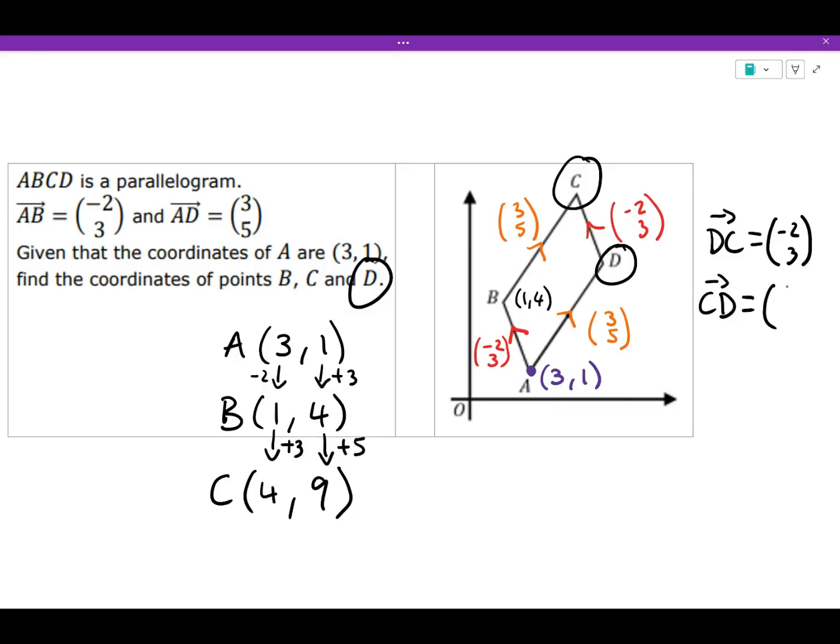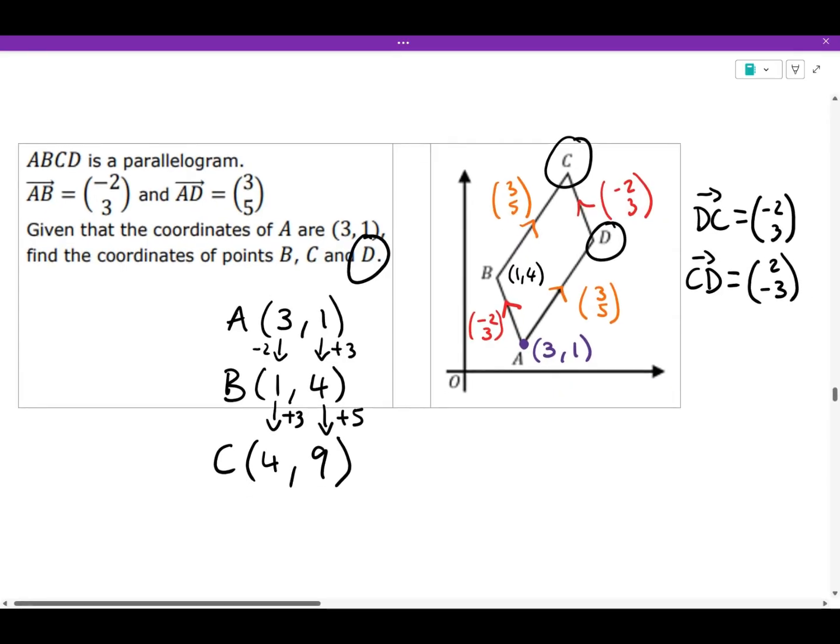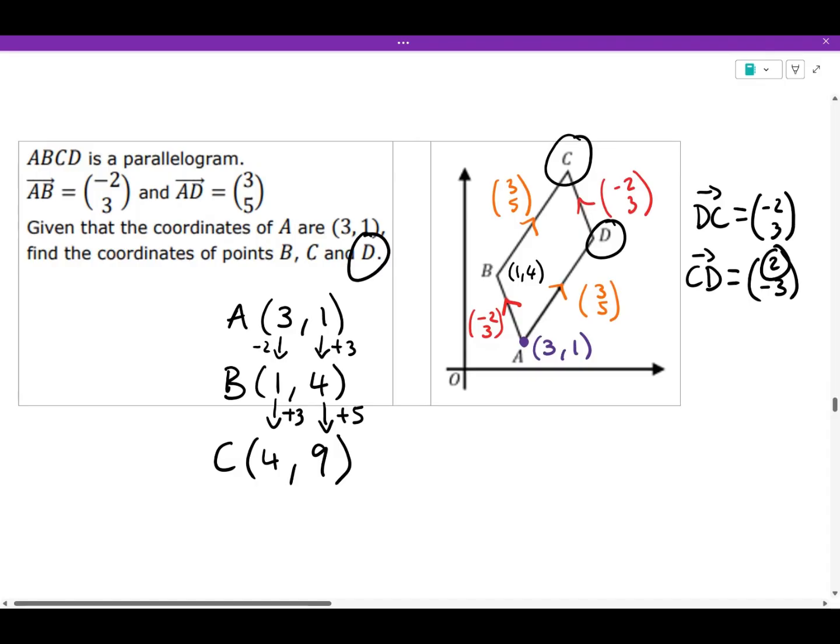So we would get positive 2, negative 3. And now we know how to get from C to D. I need to add on 2 to my x coordinate, which would give me 6, and then I need to subtract 3 from my y coordinate, which is going to give me 6 as well. And that will be my coordinates of D, like that. So just be careful on the direction of the vectors.